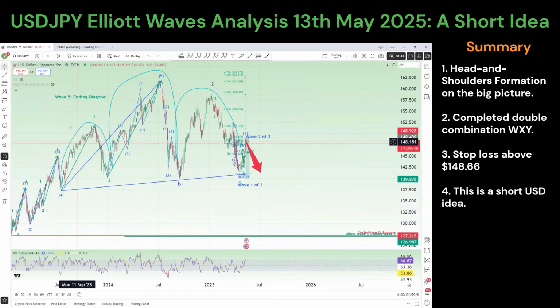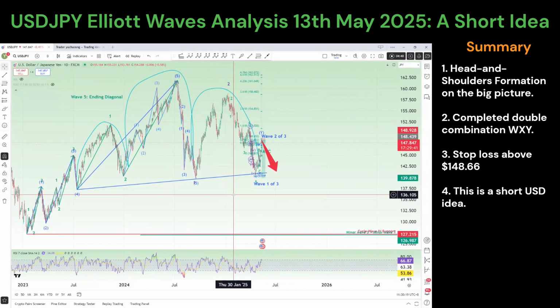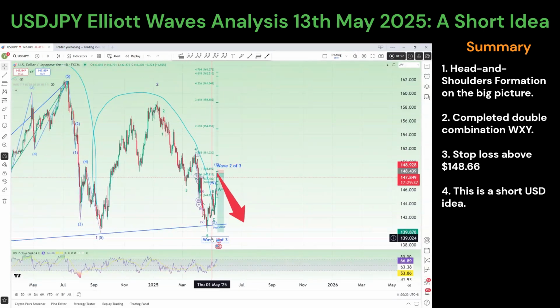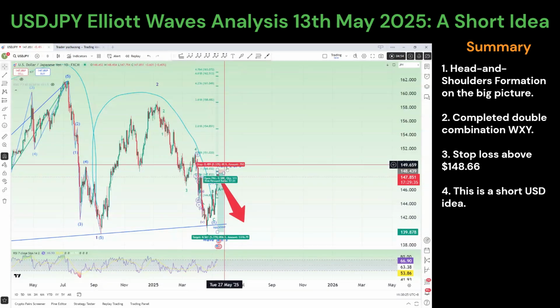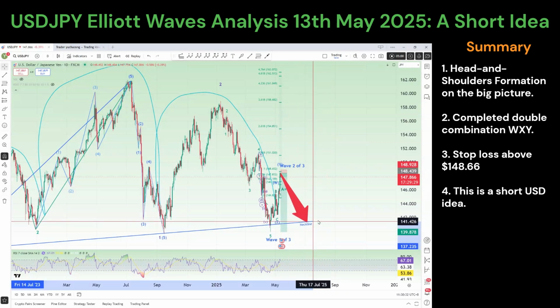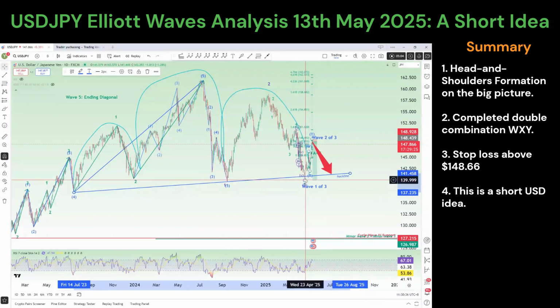And always remember that we have these head and shoulders over here. Now if I'm right, we have completed wave one of three and wave two of three, and we should be going into a wave 3 of 3. So let me just extend this neckline again. Now if you look at this, you see that there is this breakdown here, and I did not move this neckline down.